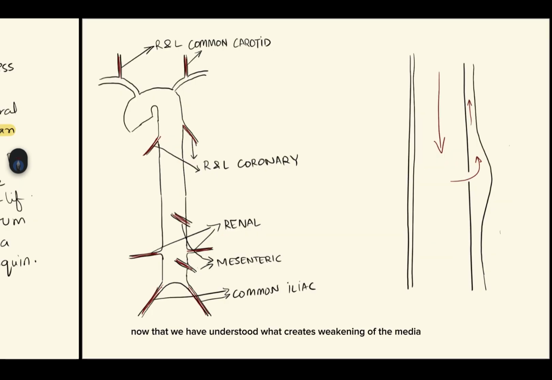Now that we have understood what creates weakening of the media, let's understand the pathophysiology behind why aortic dissection can be so fatal. There are four major mechanisms that drive mortality in this condition. First is branch vessel compromise, leading to some kind of malperfusion.